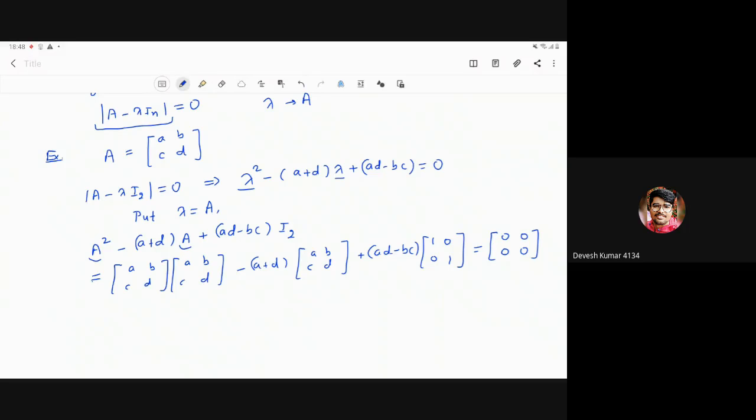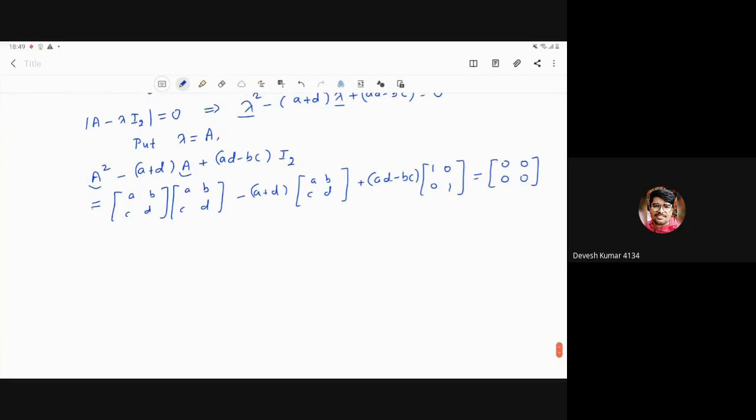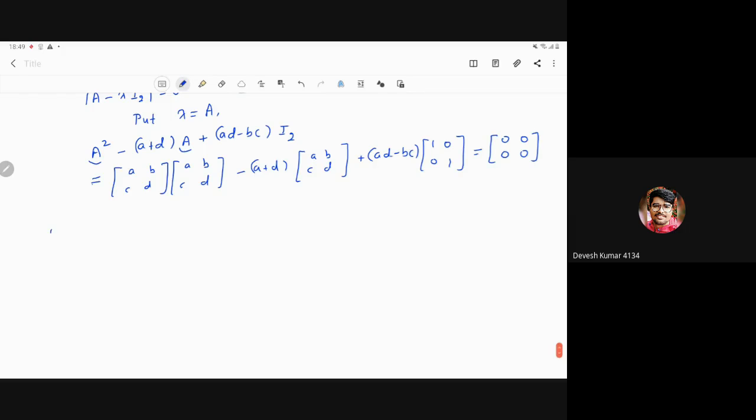Let us do a problem on it now and see how the Cayley-Hamilton theorem can help us in certain problems. First, verify the Cayley-Hamilton theorem for A equal to [1, 2; 3, 4]. The characteristic equation for this matrix is, you can find yourself, determinant of A minus lambda I2 equal to 0.